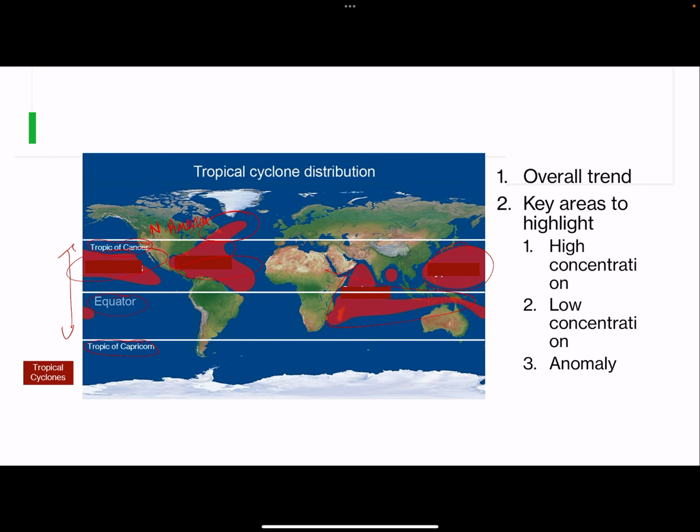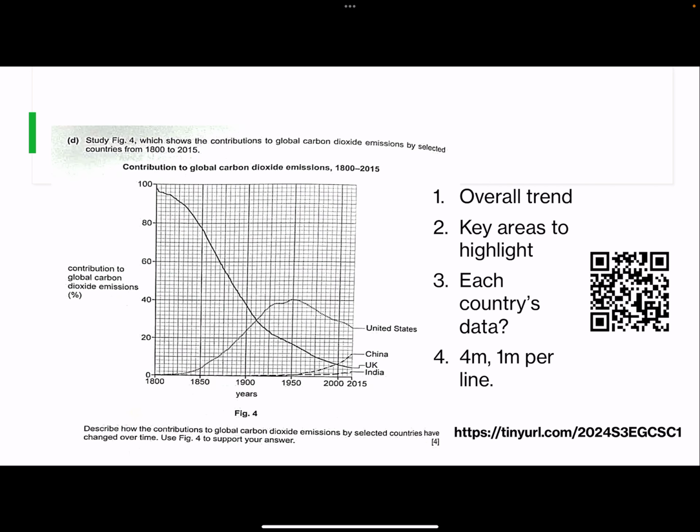Okay. Now with this, I would like you to go into this particular palette here. You can scan the URL, or type in the tiny URL here, and go and key in the answer. We can try this out for the first question, which is a described question for tropical cyclone.